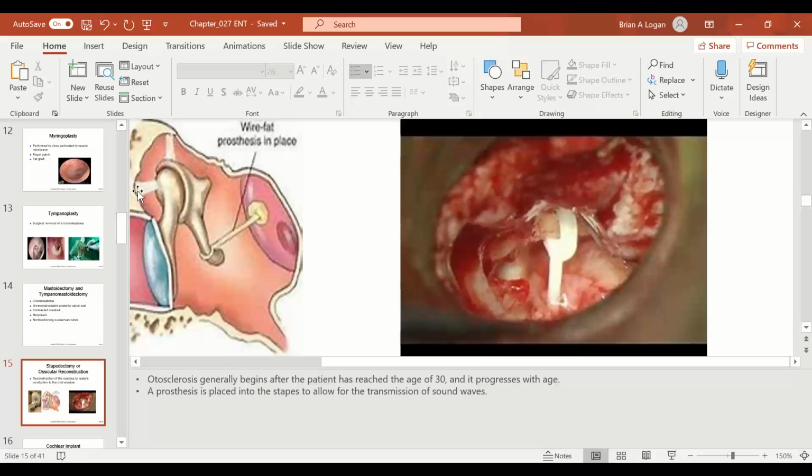You get maybe some sclerosis or hardening in these ligaments, right? And they just don't move as well as they used to before, and that's going to degrade what's being heard. So you can go in and repair and replace some of these parts to try and get back to normalcy.